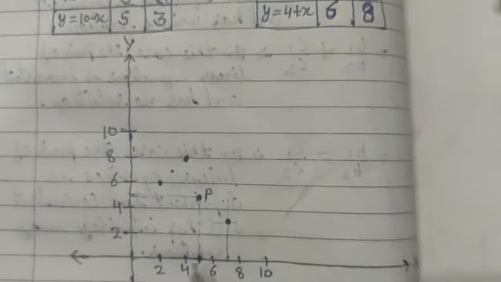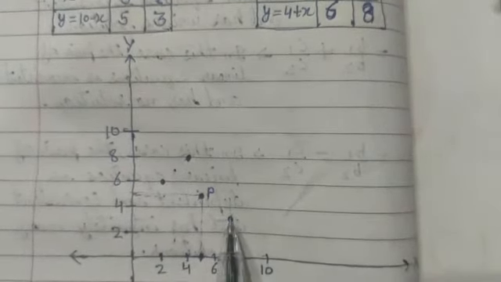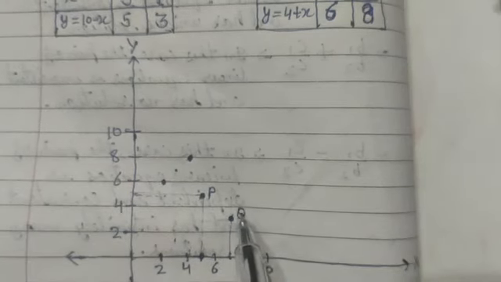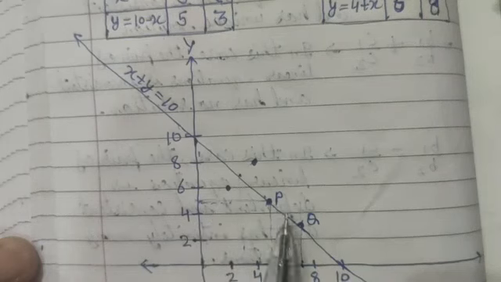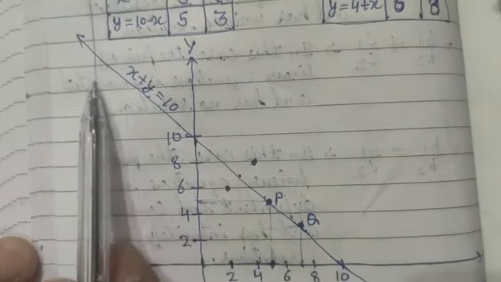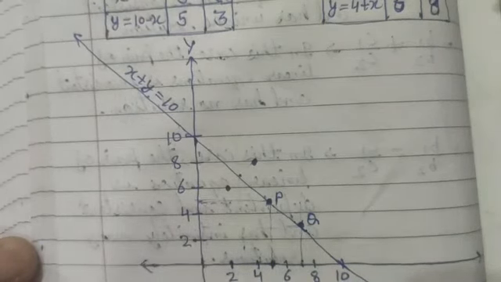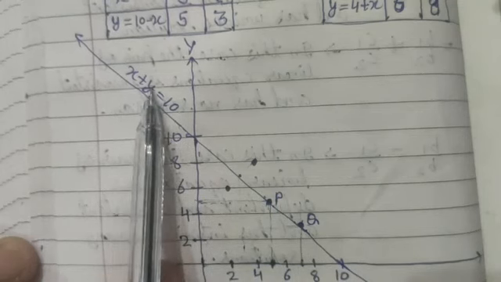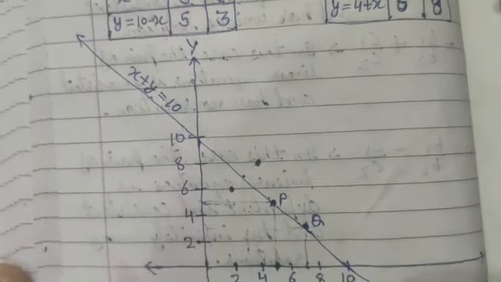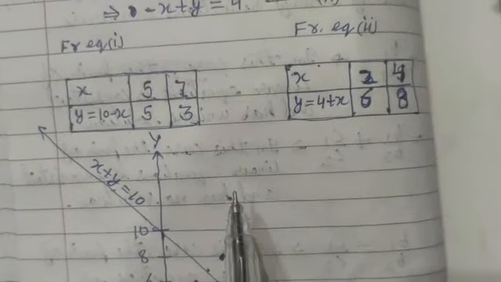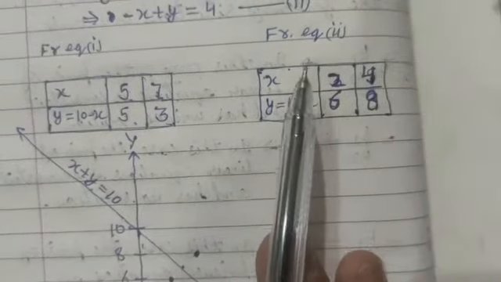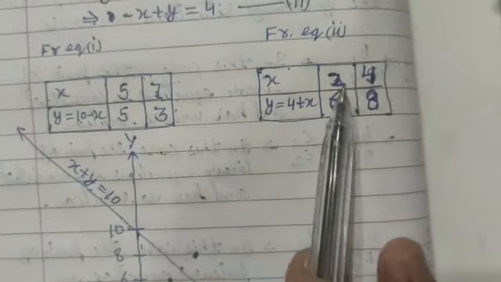If x is 7, then y is 3, and this is point Q. Now join points P and Q and we will get the line for the equation x plus y equal to 10.